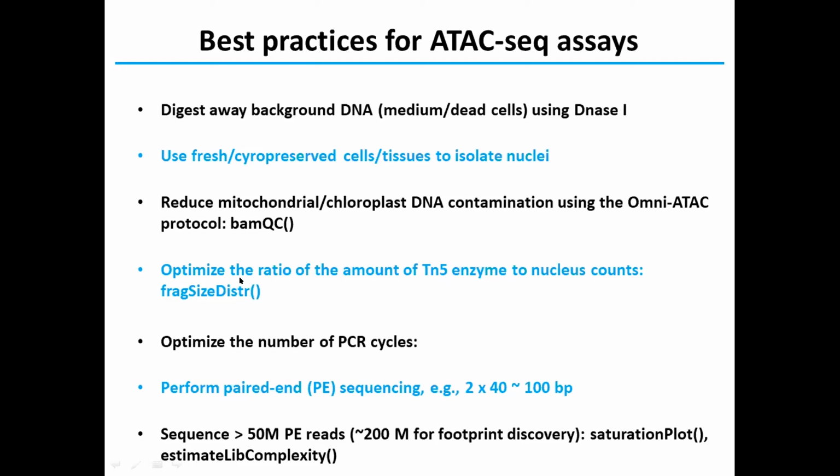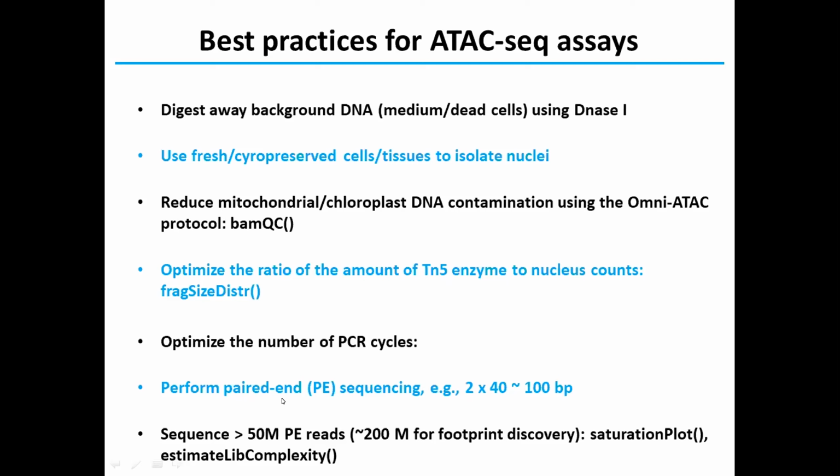downstream analysis. It's also very important to optimize the ratio of the Tn5 transposase and the number of nuclei to control the library complexity. You need to limit the PCR amplification cycles, so qPCR should be used to optimize the number of cycles.